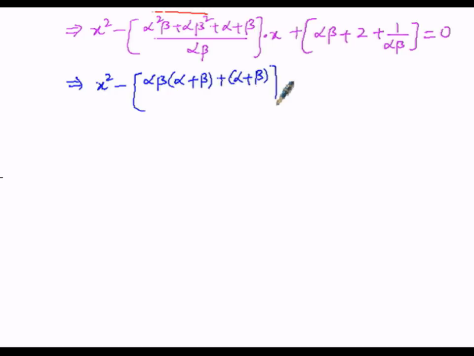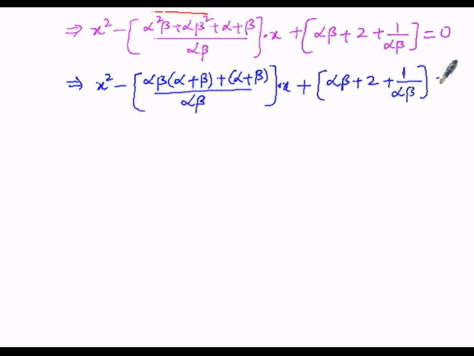Bracket close, overall divided by alpha beta into x plus, so this must be copied as it is, alpha beta plus 2 plus 1 divided by alpha beta, so is equals to 0.